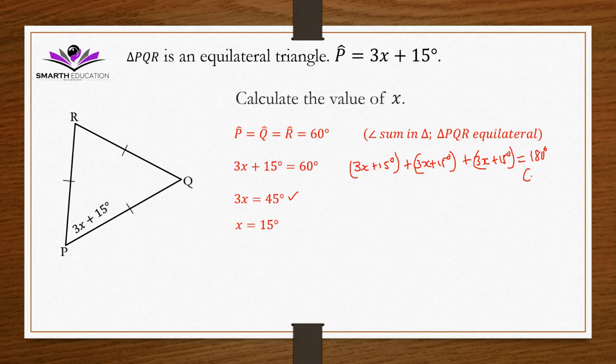And then you write your reason, angle sum in triangle. And then you can get 9x plus 45 degrees is equal to 180 degrees. And then you can solve for x, you're going to get the same answer.